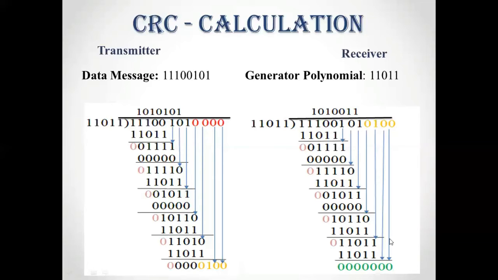It must return a remainder of n bits equal to 0, meaning this is a successful transmission. Because we got CRC equal to 0, we consider it a successful transmission. Suppose the remainder obtained is a non-zero value, then the received frame is corrupted and must be discarded. Now let's see the program.